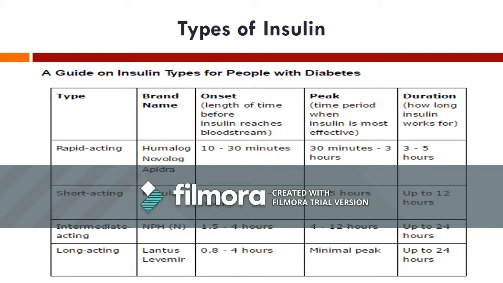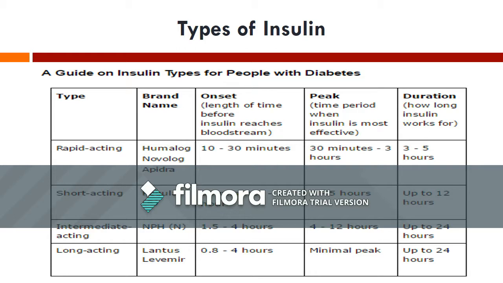The length of time before insulin reaches the bloodstream is 30 minutes to 1 hour, and the peak time period when insulin is most effective is 2 to 5 hours, and the duration for the short acting insulin is up to 12 hours.